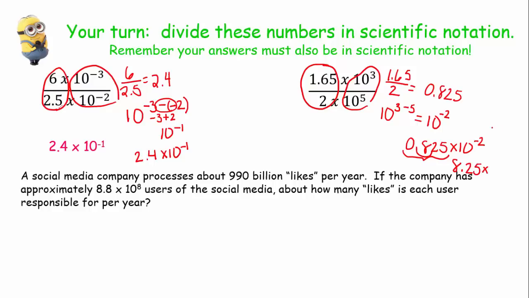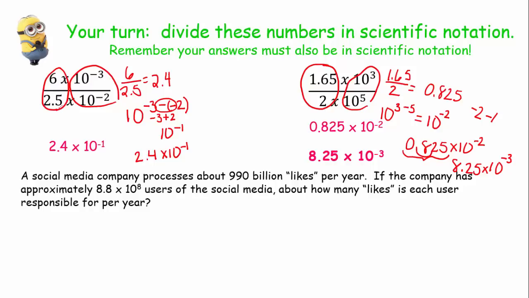Now, since I moved one place to the right, negative 2 minus 1, I have to subtract that 1. So that gives me 10 to the negative third. So let's check to see if that answer's right. All right, that's what we got originally. And with our rewrite, 8.25 times 10 to the negative third works beautifully.